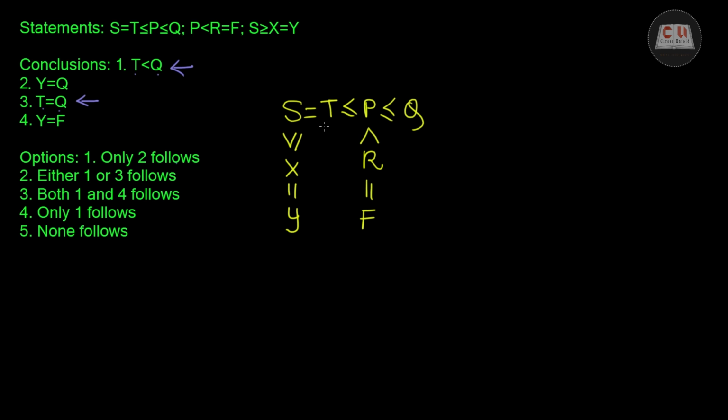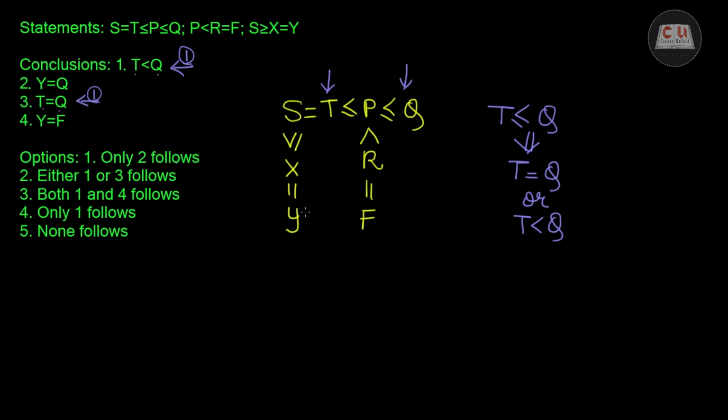Now we have to go between T and Q. Okay, so here's T and here's Q. We see that T is less than equal to Q, which can be broken down into T is equal to Q or T is less than Q. Alright, and that is what is given in both of these options. So either the first one or the third one would follow. Alright, and we do have an option like that, but let's look at the other options as well.